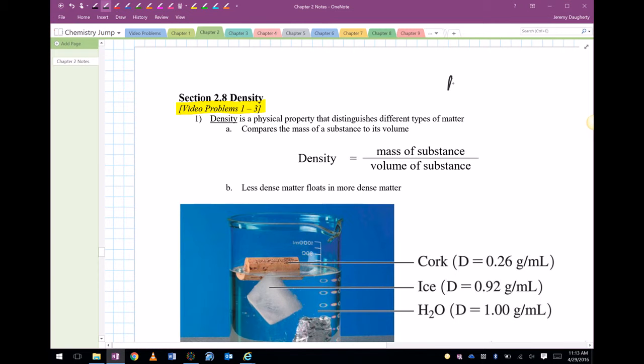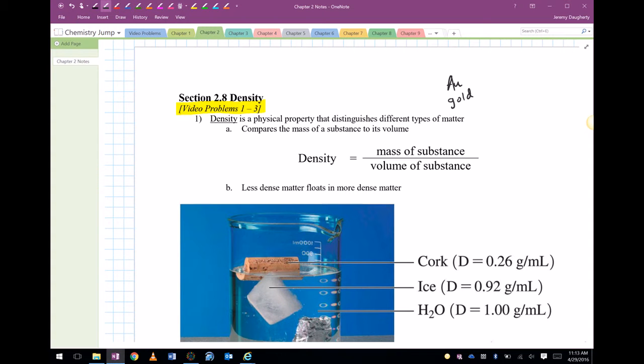For instance, if you have a pure gold necklace, which you're not going to, you've got 24 karat gold, 14 karat gold. If we determine the density of that necklace, and it does not match the density of gold, then it is not pure gold.